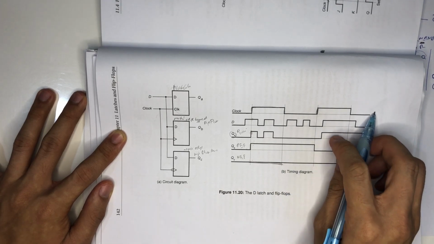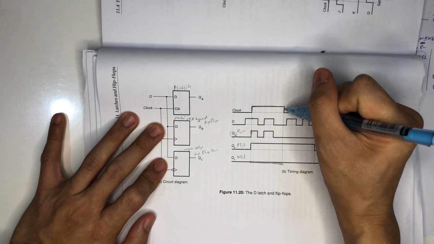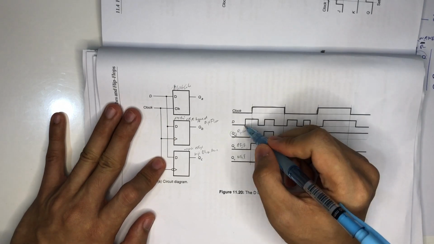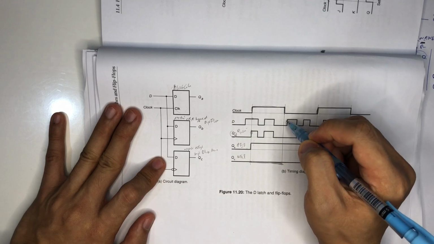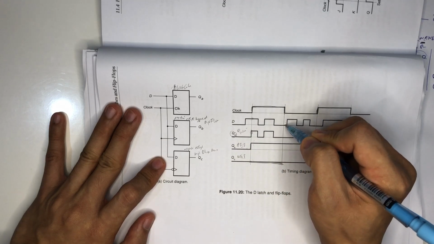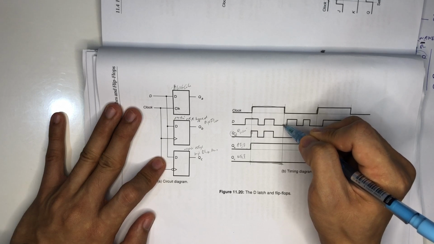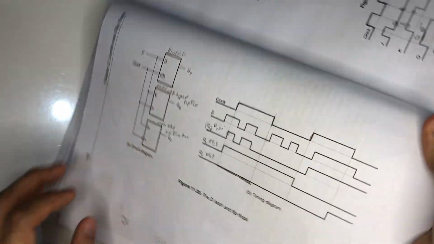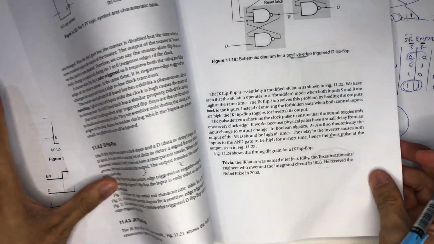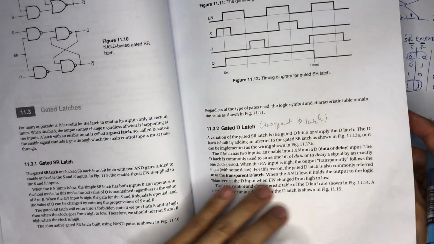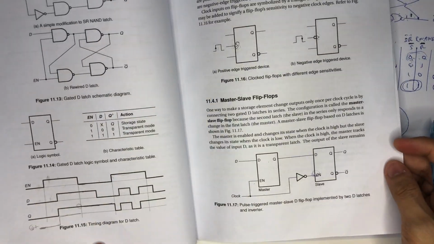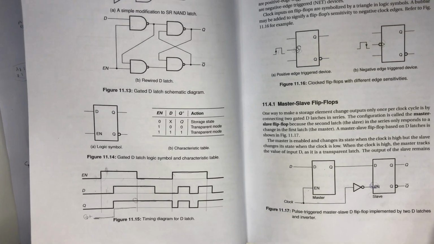But when we start falling, when we start the negative edge trigger, what happens is that your D, you can see here, in negative edge trigger we just follow. So for the D latch, where is the operation?